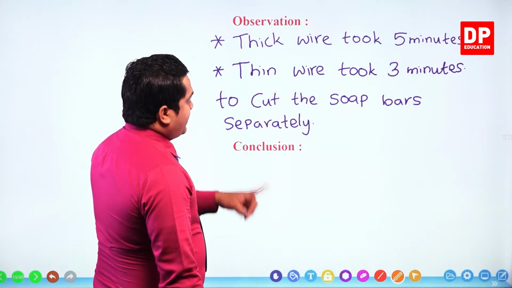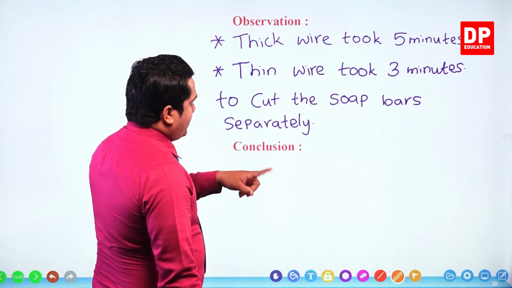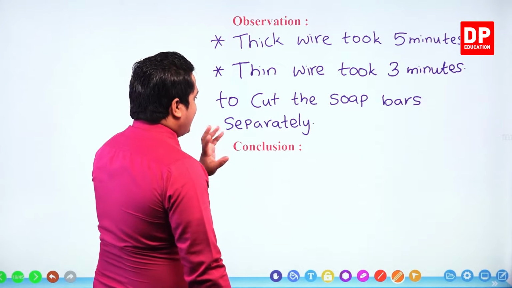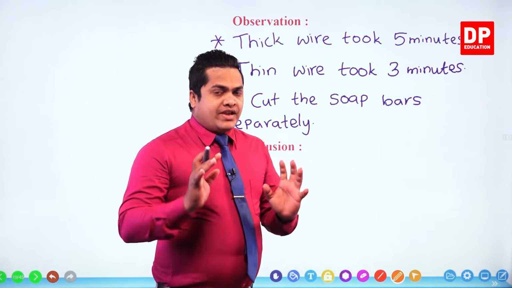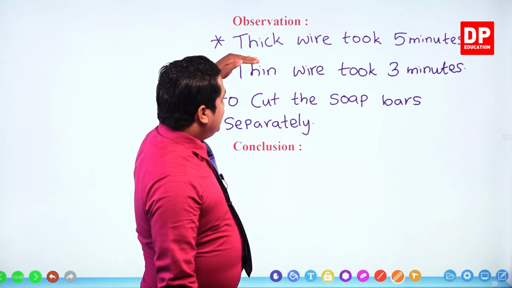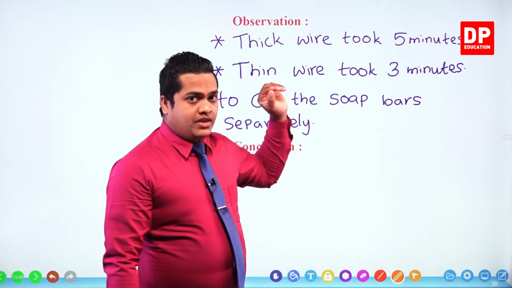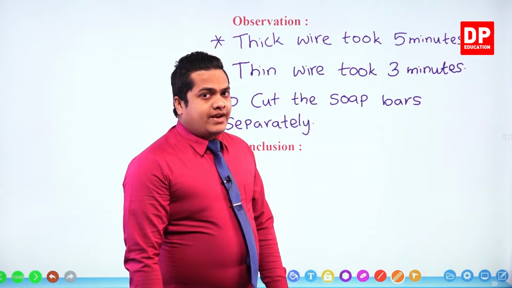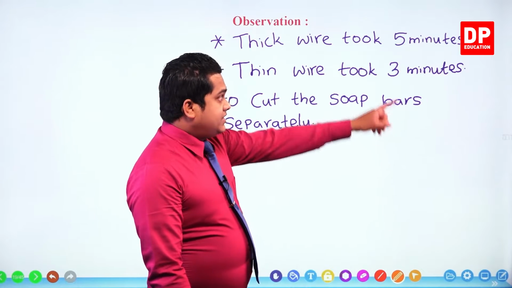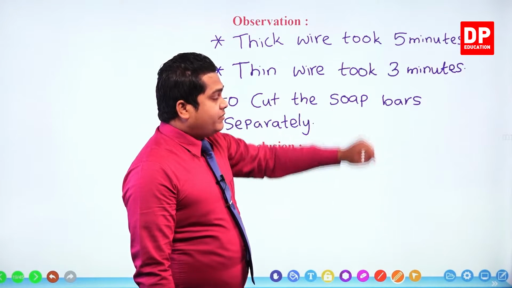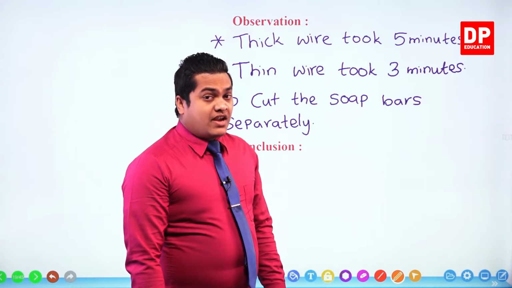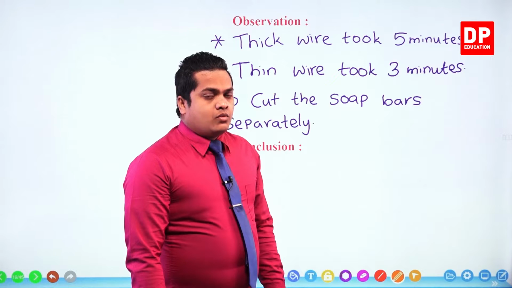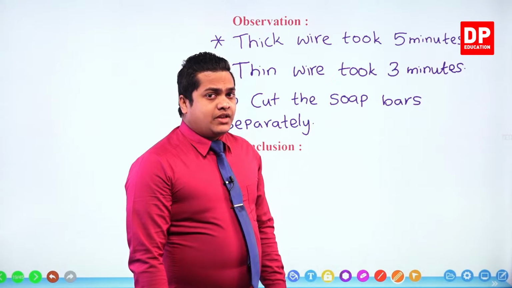So thick wire took 5 minutes, thin wire took 3 minutes to cut the soap bars separately. So here you can see that very clearly. Thick means greater surface area. So in greater surface area, my dear children, 5 minutes have been taken by the wire. Why is it going to take around 5 minutes?